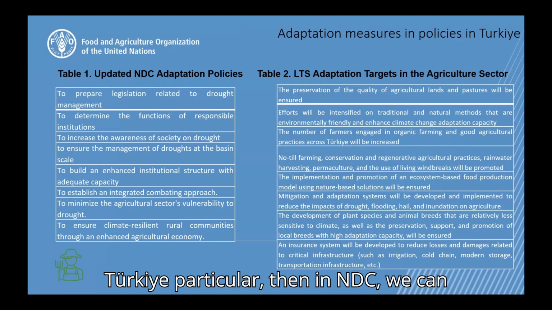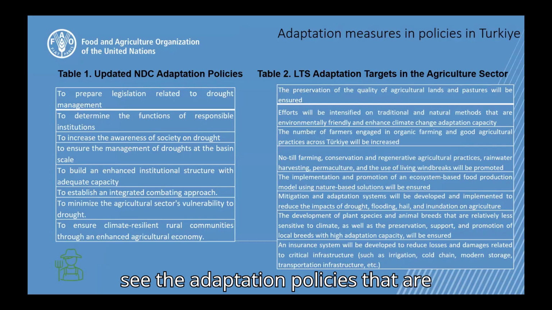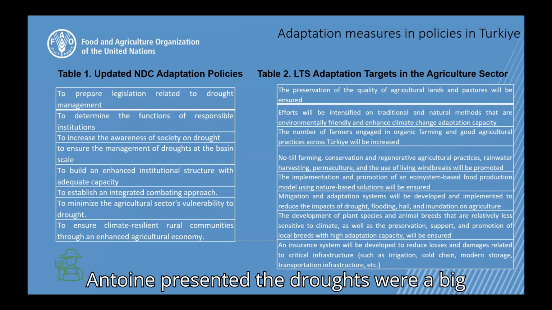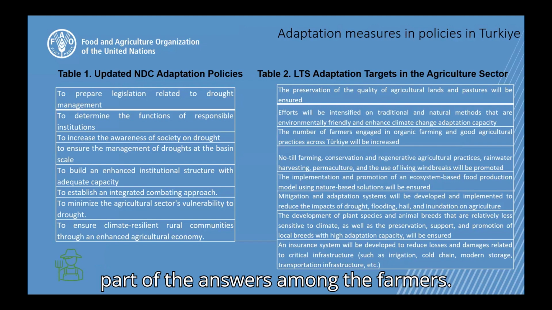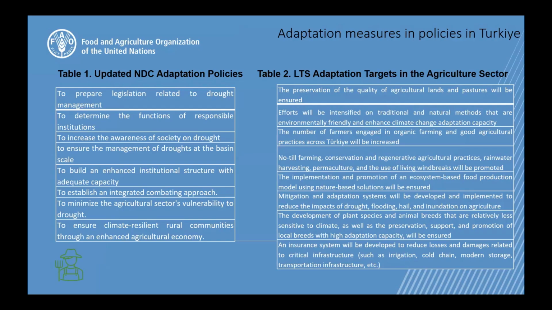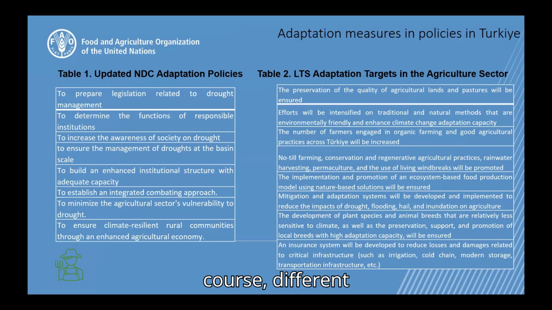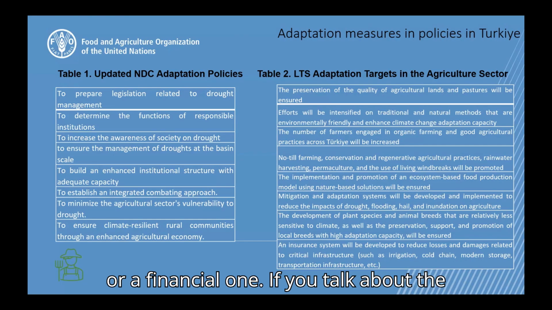If we talk about Turkey in particular, then in the NDC we can see the adaptation policies that are focusing on droughts, and the survey showed us, and Antoine presented, that droughts were a big part of the answers among the farmers. So it is no surprise that the NDC is focusing on droughts, and then of course different related measures, either institutional or technological or financial.